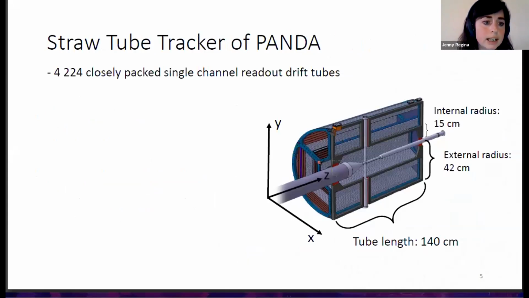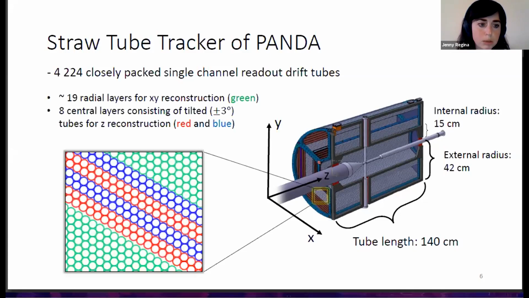My work focuses mostly on the straw tube tracker, and here you see a picture of it. It will consist of roughly 4,200 closely packed single channel readout drift tubes. If we zoom in a little more on the detector, we can see how the layers are placed in relation to each other.